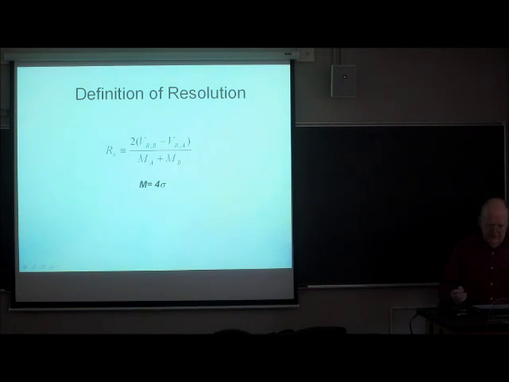As Robert said, this is really the same thing as the difference in retention volumes divided by the average of the 2 peak widths. So algebraically, they're the same thing.